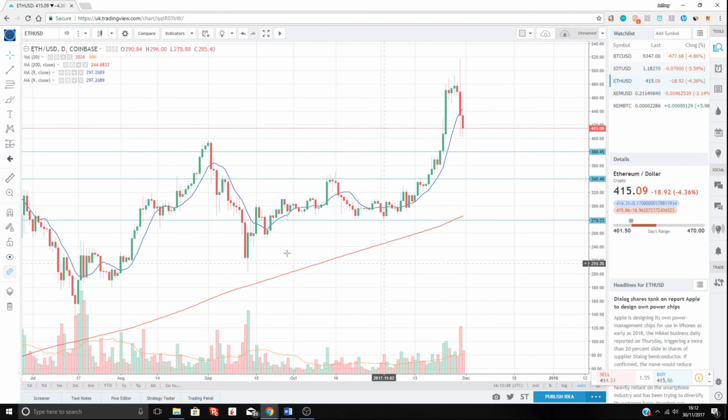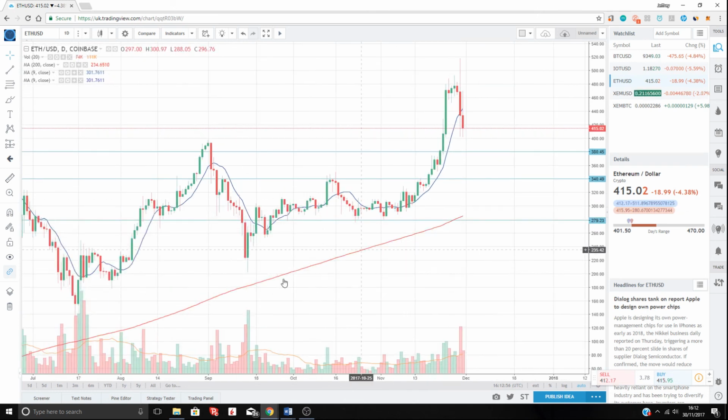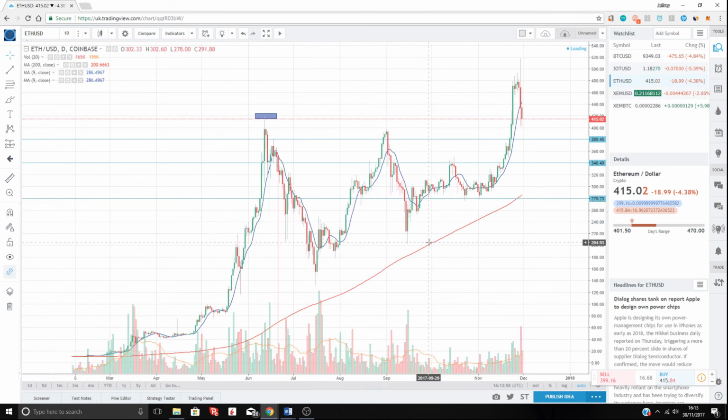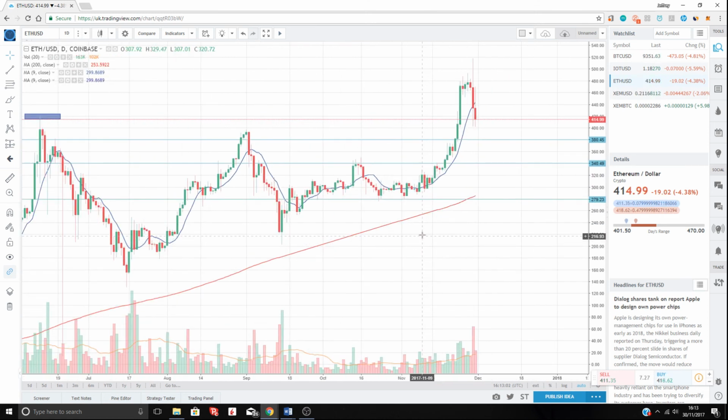See, now the line's changed position because now it's based on 200 days. It's got a different shape, and it's given us a smooth look at the way price is moving. A general rule of thumb is that if price is above the 200 MA, then it's in an uptrend, and if it's below, it's in a downtrend.